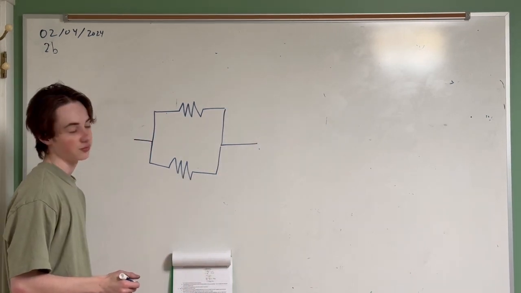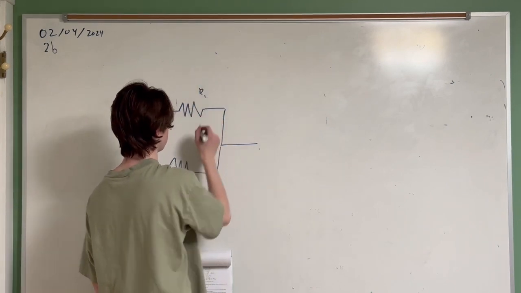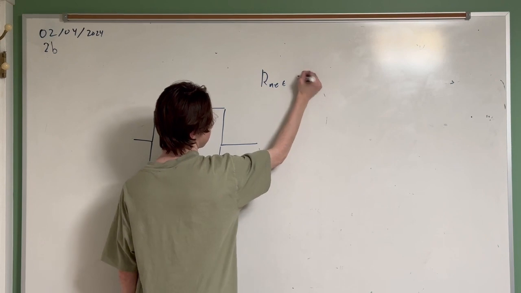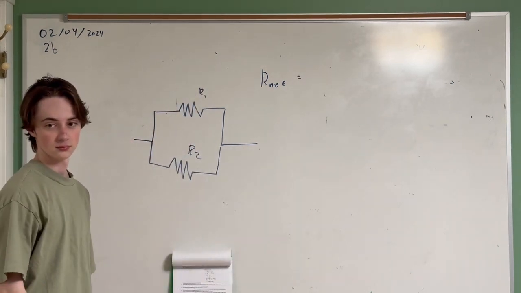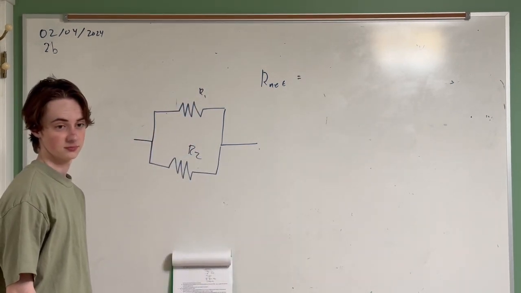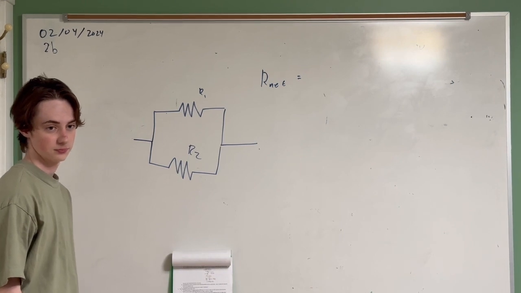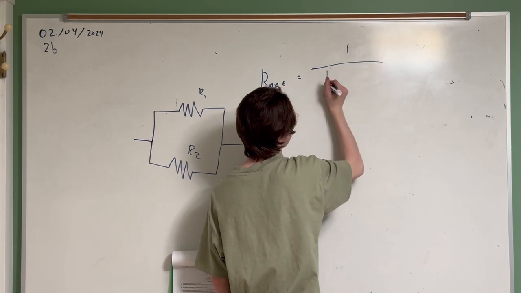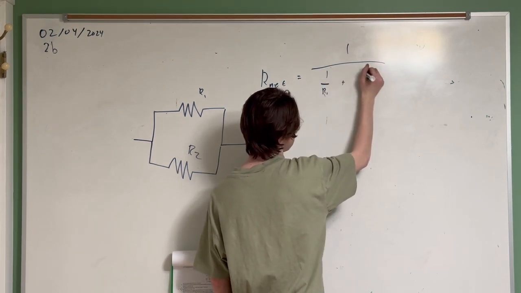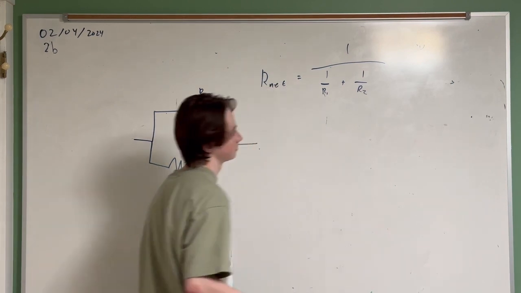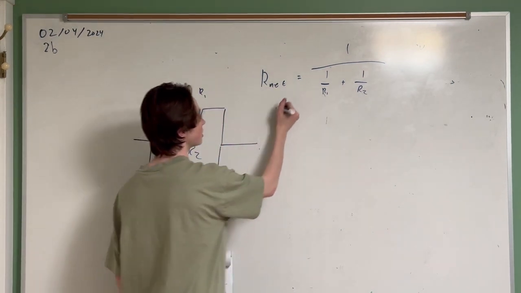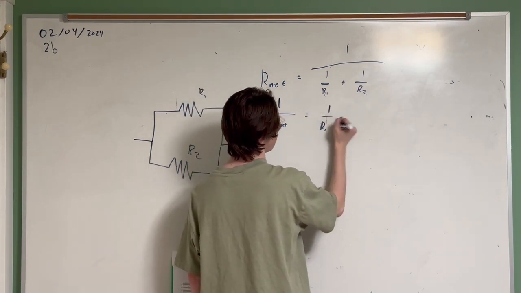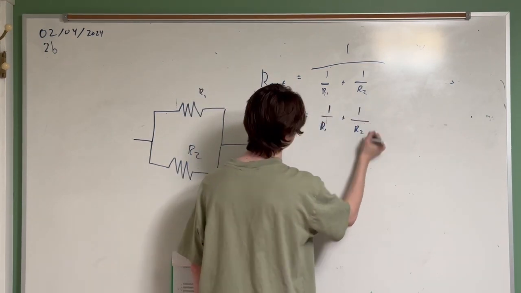Can anyone guess what the formula is for R net of 2 resistors in parallel? It's 1 over R net equals 1 over R1 plus 1 over R2.